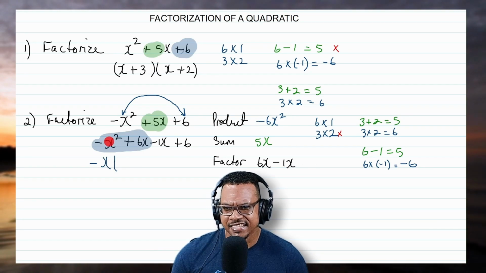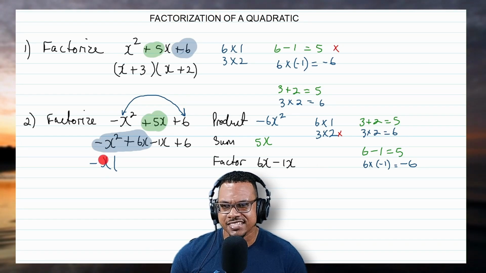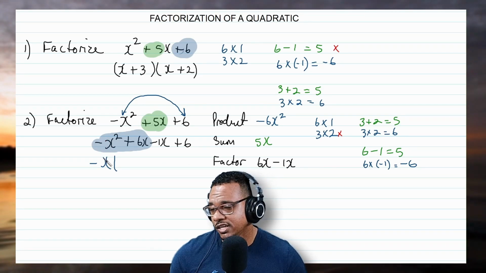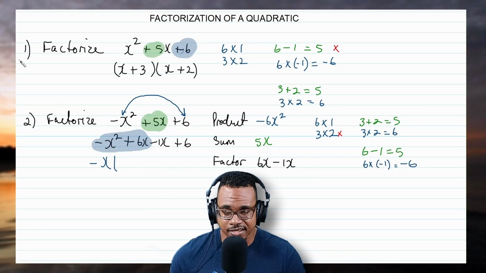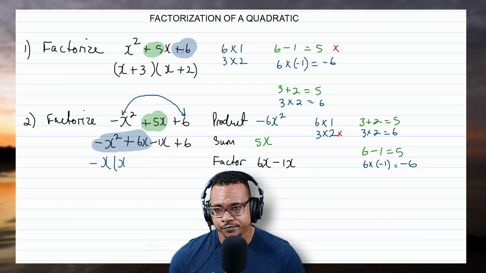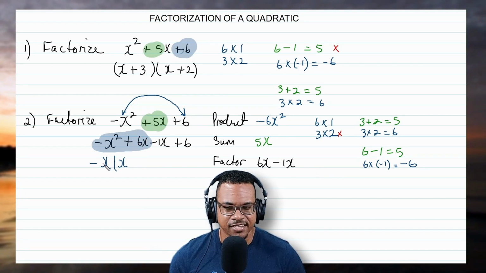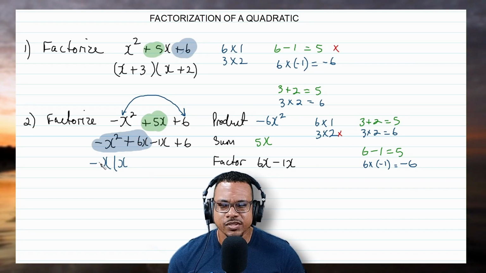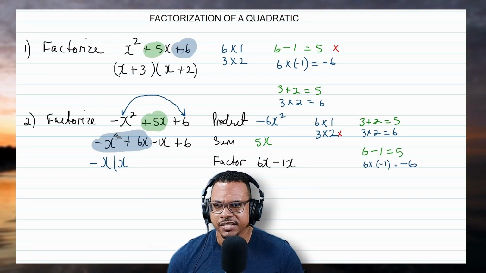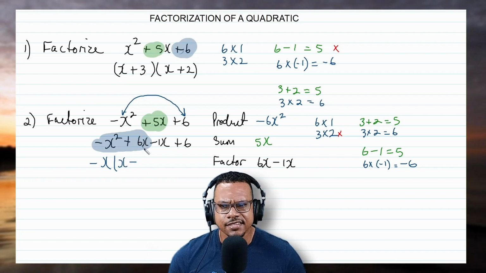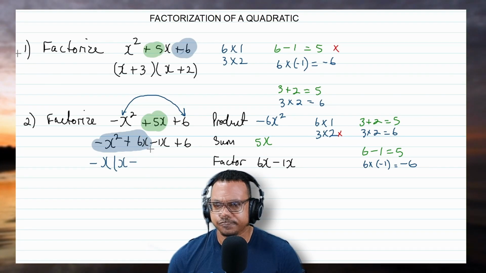Now I'm dividing this negative x squared by this negative x. Divide two negatives, you get a positive, and x into x squared is x. So that's positive x. Then I'm going to divide this positive 6x by this negative x. Dividing a positive by a negative, my answer will be negative. So I put a negative sign here, and x into 6x is 6.